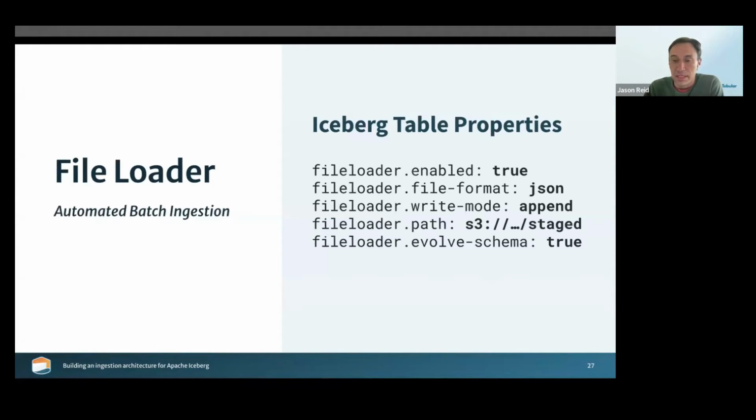It's a serverless system that, just through configuring a few Iceberg table properties, will automatically load data that lands in S3 in a variety of formats into your Iceberg table so that it can be used for any downstream consumption for analytics or for further ETL. Here are a couple of the properties, and there are more things you can configure here.